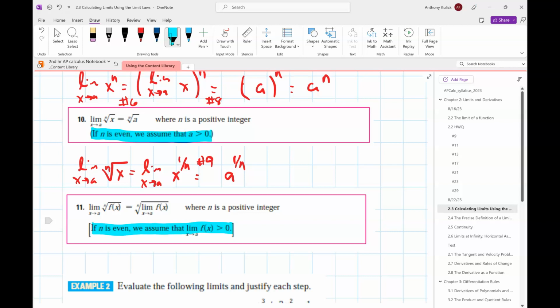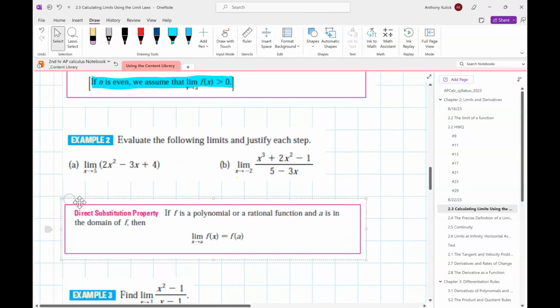If n is even, it means you have a square root or a 4th root or 6th root or whatever. Can you do any of those operations to a negative value? No, right? That's why that condition is there. We're just going to assume that the input in your radical, if you have an even radical, is something you can actually do, so it's not that the whole thing is undefined. All right.